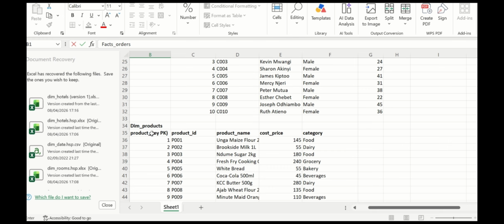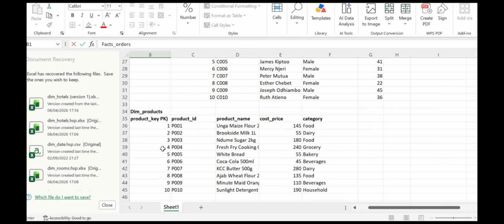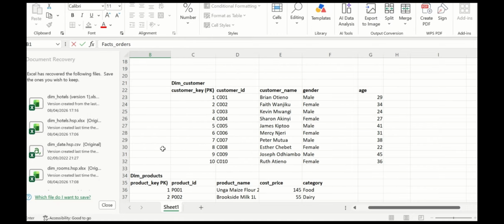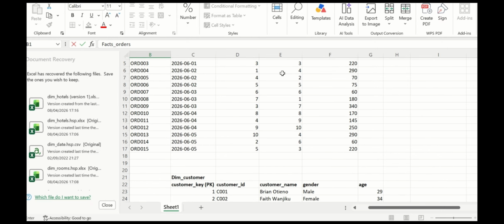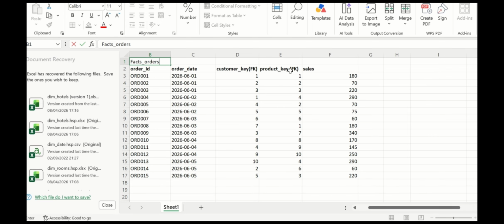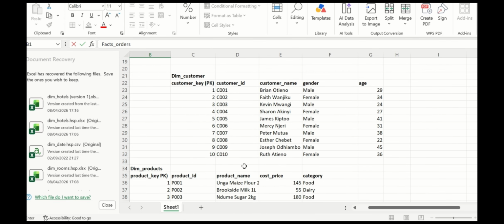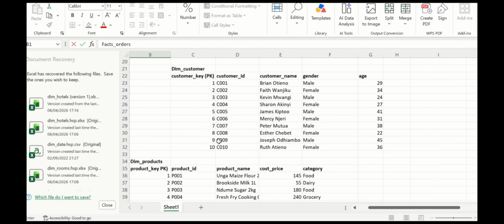And then the dim products table has product key as a primary key, and the facts orders table has product key as a foreign key. That means we can join the foreign key with the primary key.